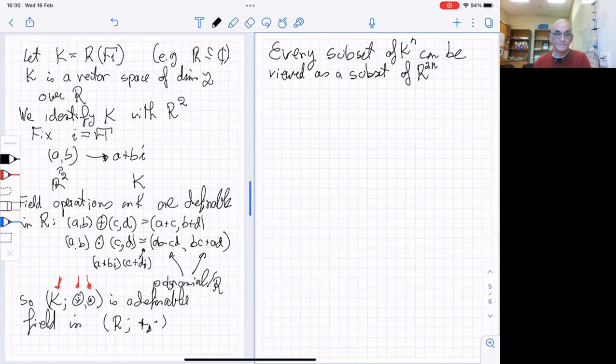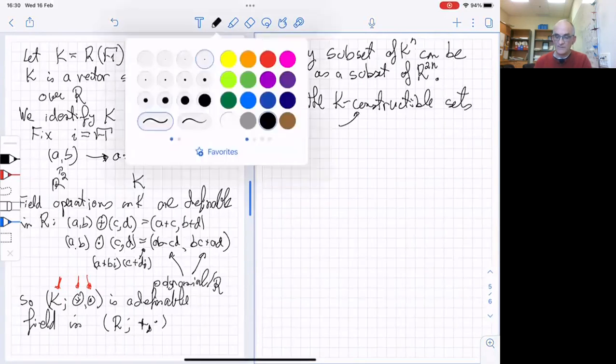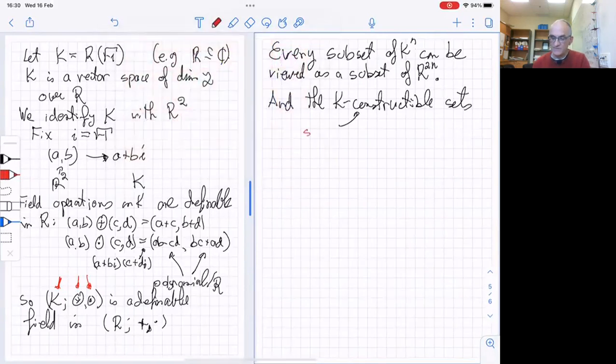And the K-constructible sets, I will remind you what these are, which are, to remember, the sets definable in K.